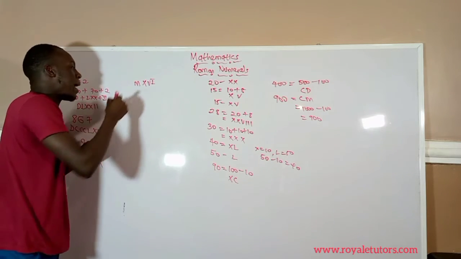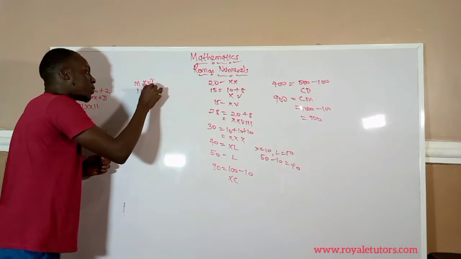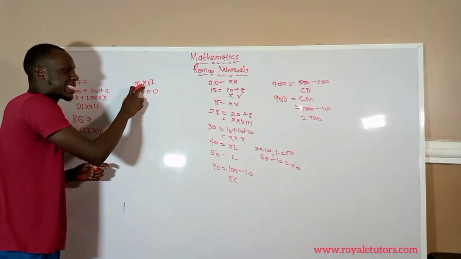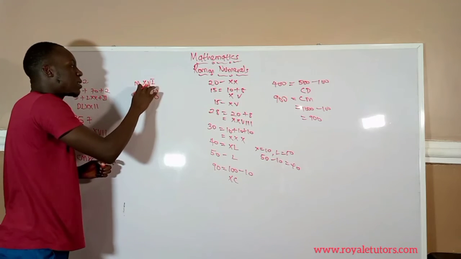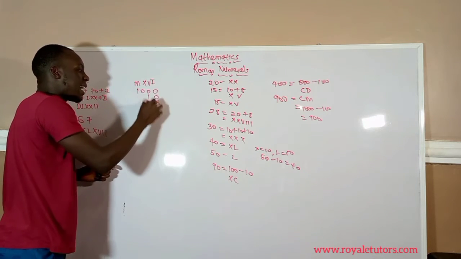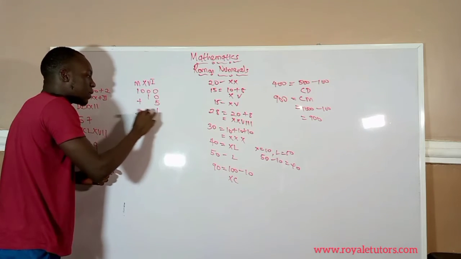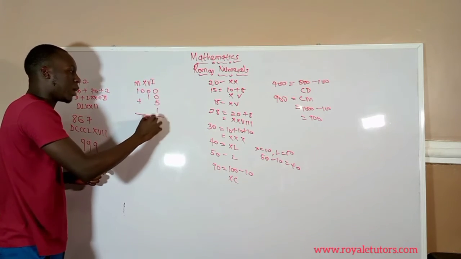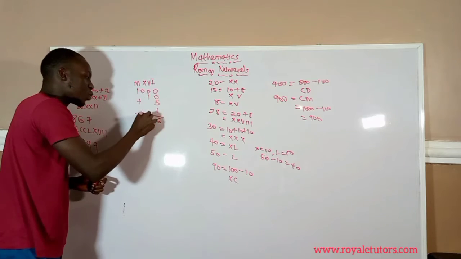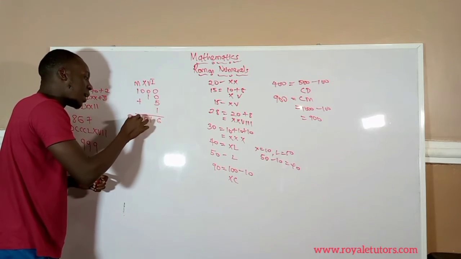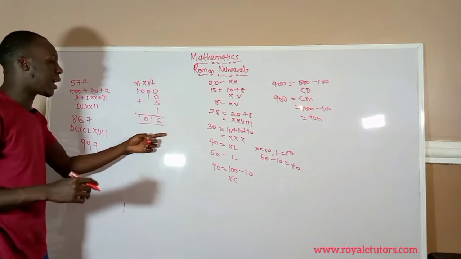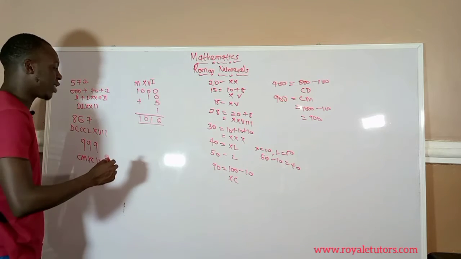First, what is M? M is 1000. X is 10. V is 5 and I is 1. So you sum all of this together: 5 plus 1 will give you 6, then 10 plus 1000, and this is 1016.